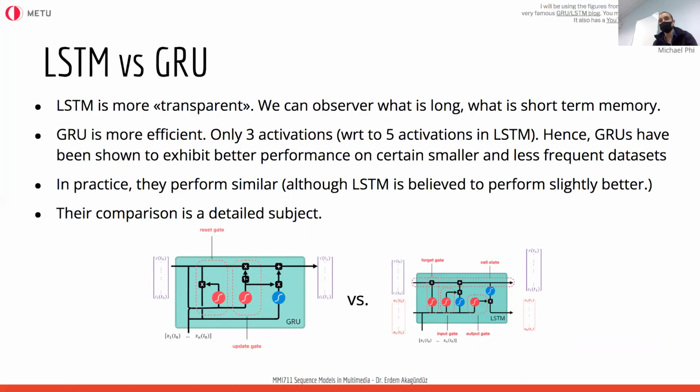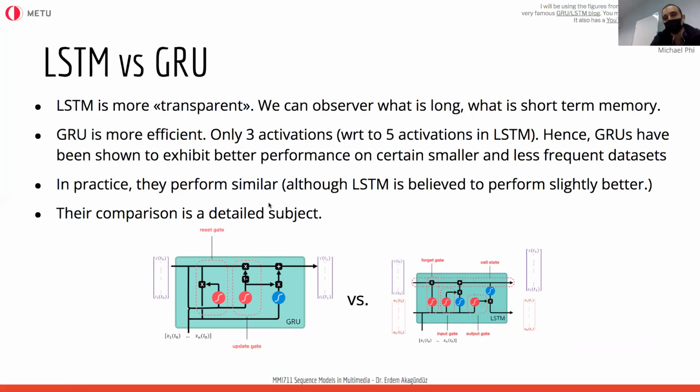States being transparent doesn't necessarily mean we know what those states are being used for. Still not that transparent, but in GRU, it is combined. But GRU is more efficient: 3 activation functions compared to 5 activation functions of LSTM.